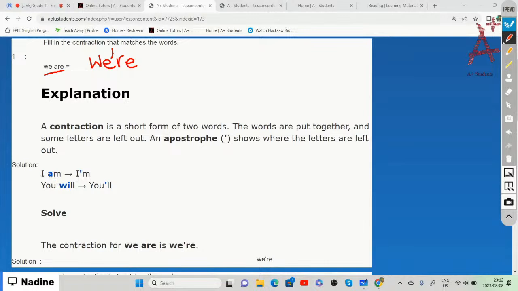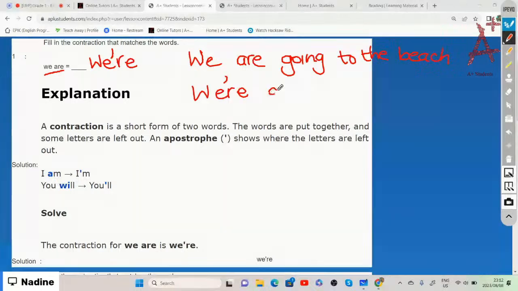It's like saying, we are going to the beach, right? So instead of saying we are going to the beach, we can say we're going to the beach.